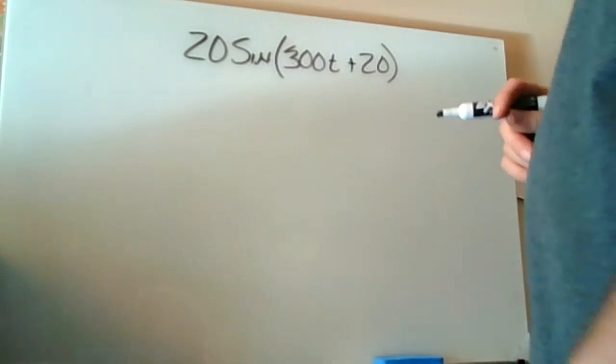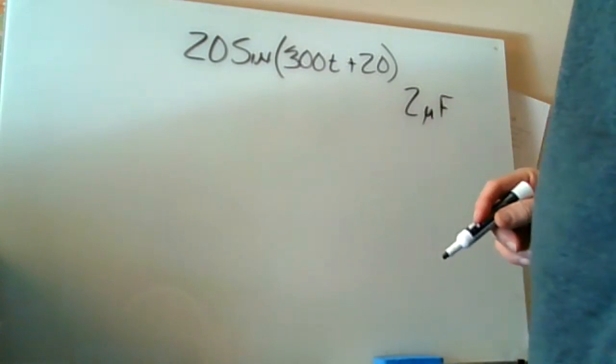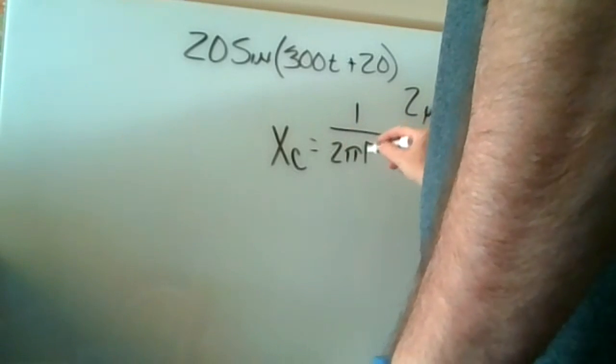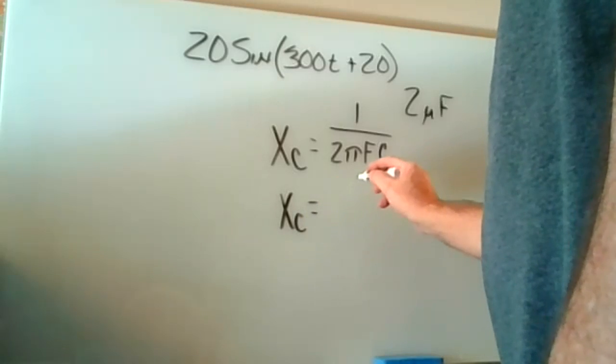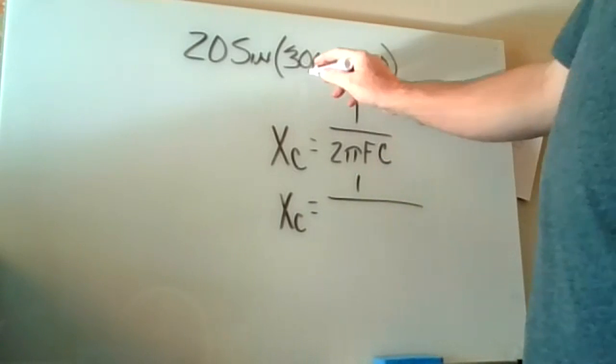So if I gave you something like this as your voltage, and a 2 microfarad capacitor in there, and I want you to find X of C, what does X of C equal? 1 over 2 pi f times C. So in this one, X of C equals 1 over, what do I put down here? What did we say this was equal to?